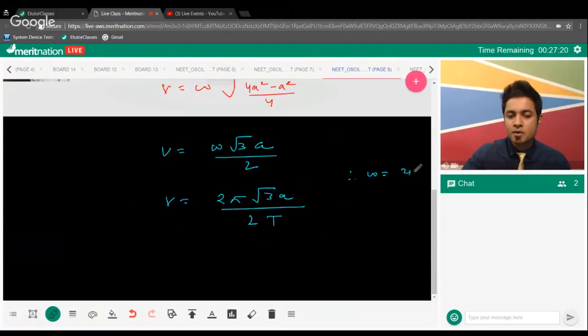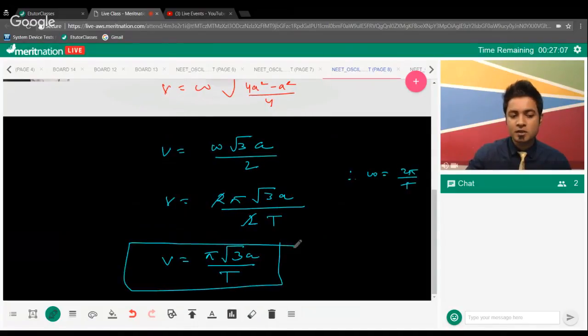Omega is 2 pi upon T, right? So here 2 will get cancelled out, and the velocity we are getting here is pi under root 3a upon T. So this is the velocity we are getting at x equals a by 2.